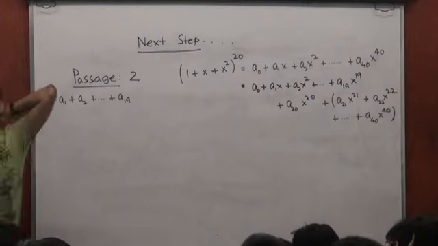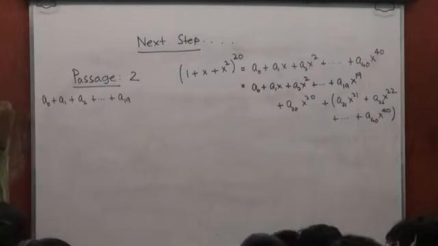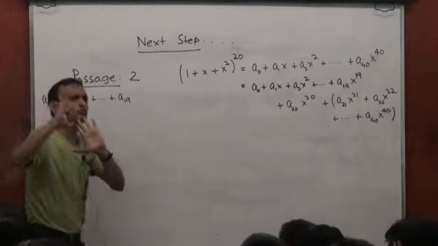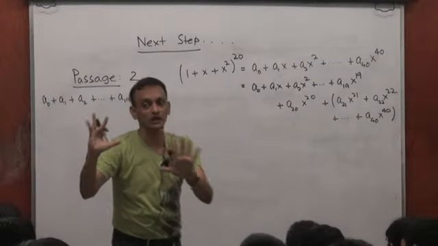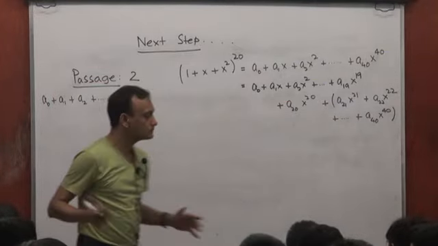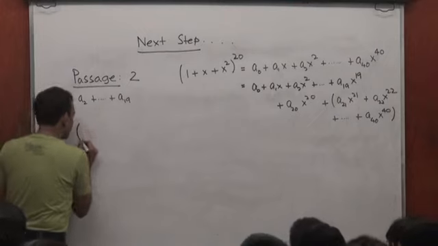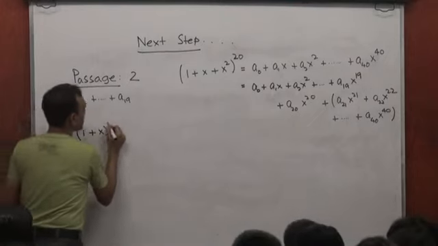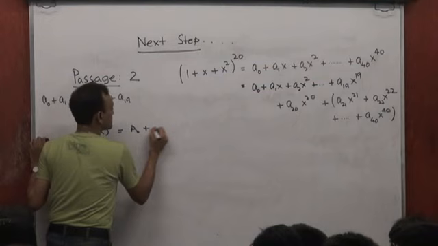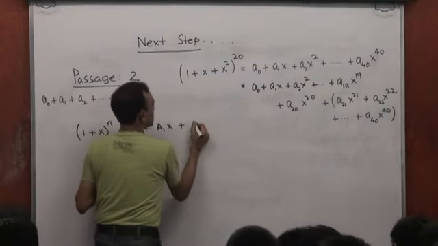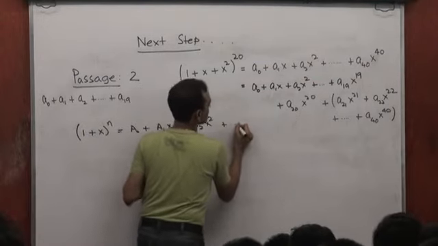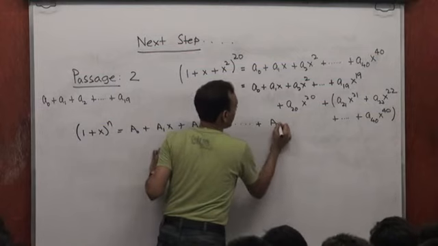Now, just take one step back and go back to binomial theorem. How I started binomial theorem, right? I started binomial theorem by saying (1 plus x) power n is a0 plus a1 x plus a2 x squared plus up to an x power n, right?